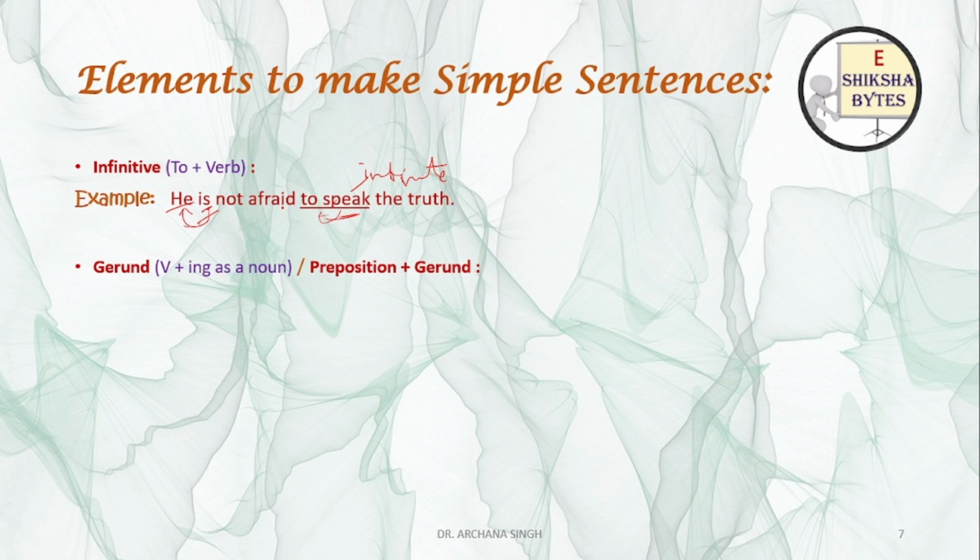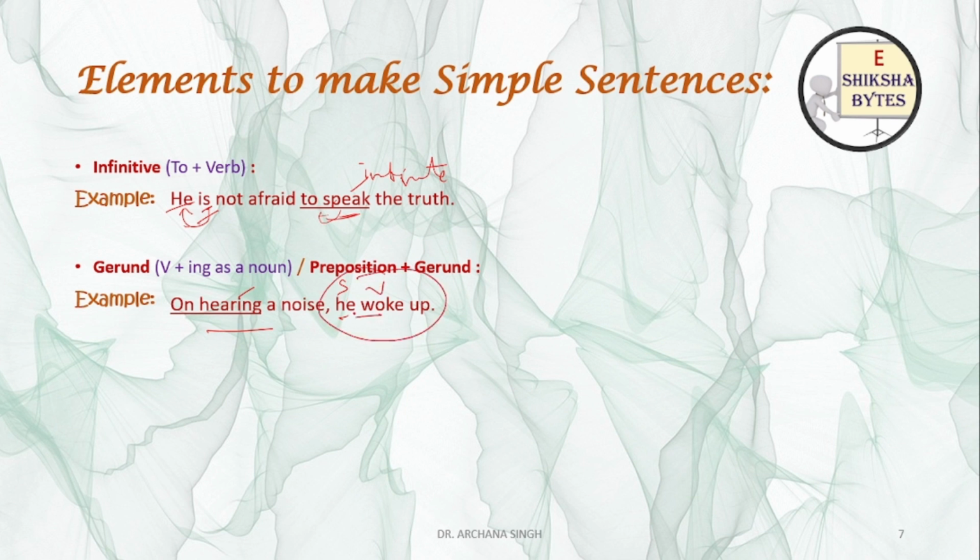Then you have the gerund, which is the -ing form that does the work of a noun. So you can make simple sentences by using a preposition and gerund combination, like on hearing a noise, he woke up. So this portion is your phrase, this is your gerund, and this is your subject, this is your verb combination.